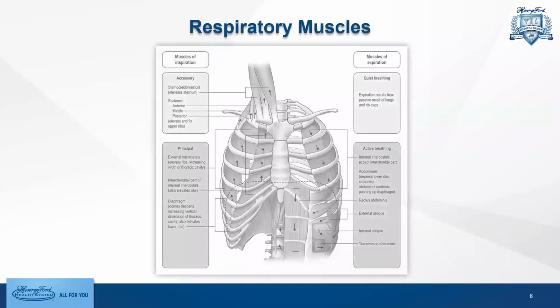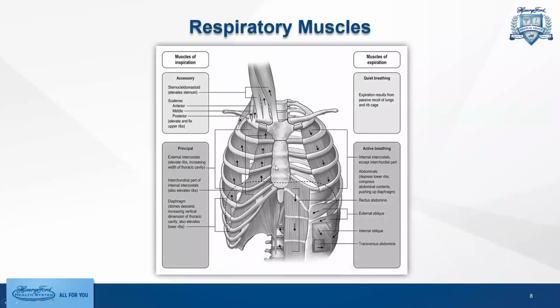So what are the respiratory muscles? If you take a look at the main principal ones, here you're going to find the inspiratory muscles. Here you're going to find the expiratory muscles. The diaphragm is the main principal inspiratory muscle. You're going to have the external intercostals, the interchondral parts of the internal intercostals, and your accessory muscles of inspiration are going to be the sternocleidomastoids and the scalenes.